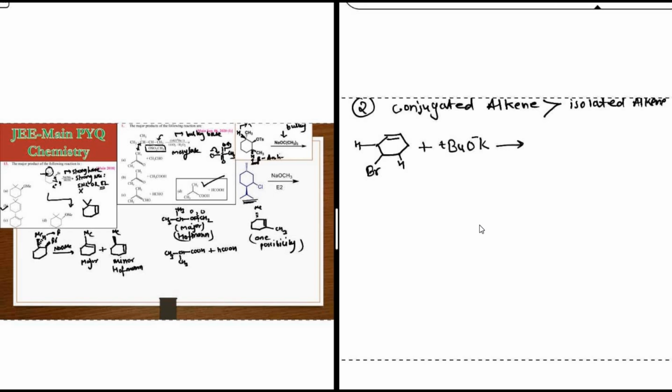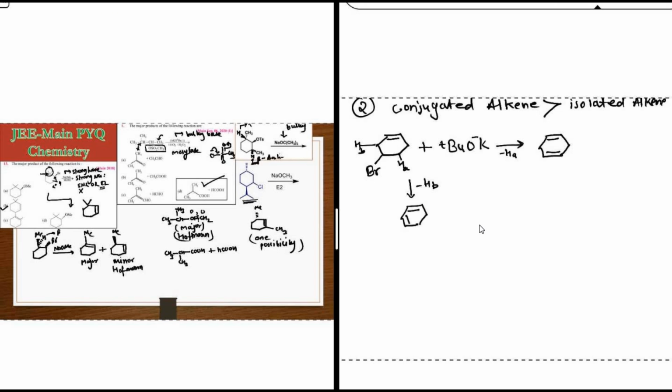Let's say this is A and this is B. When you remove A, you get this product. But when you remove B, you will get this one.